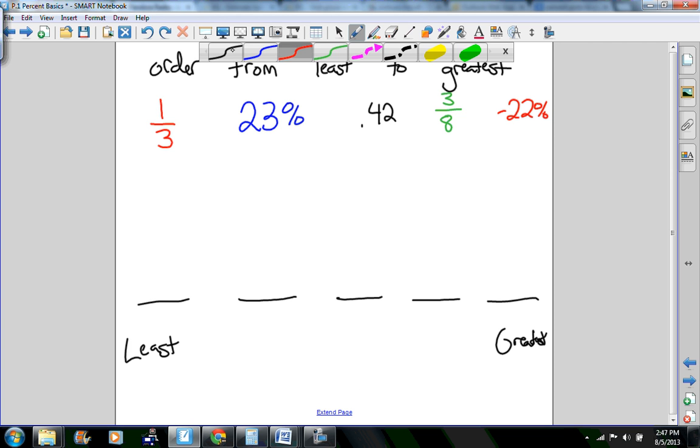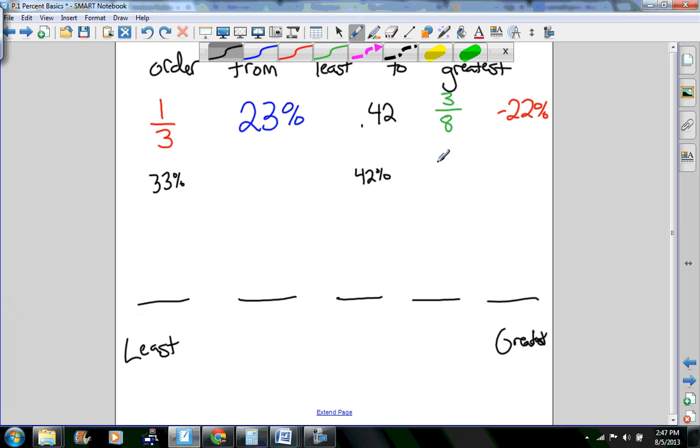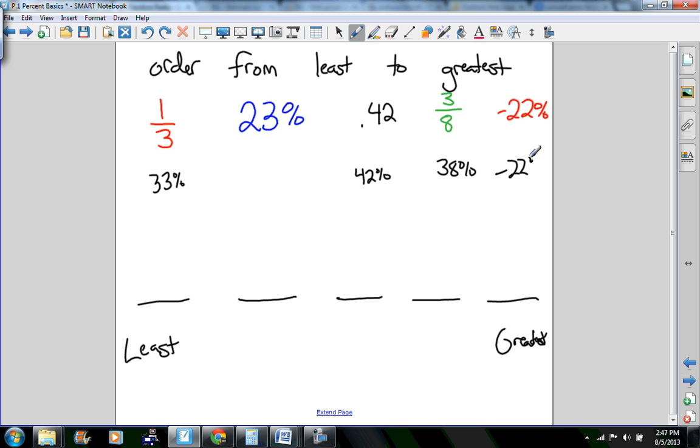So this is 33%. This is already percent. 42%. 3/8 we need a calculator for. So 38%. And negative 22%.